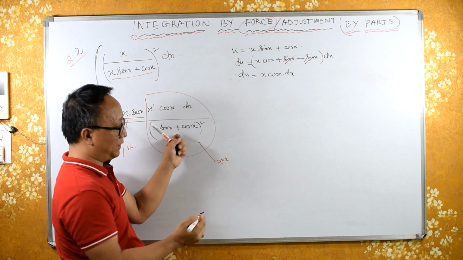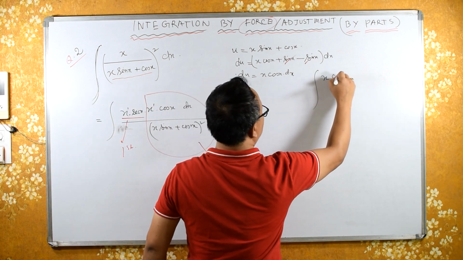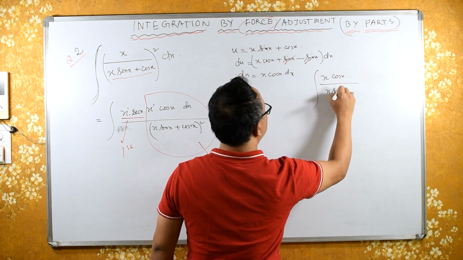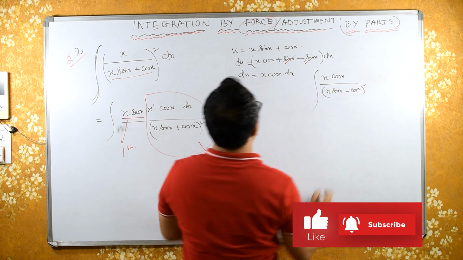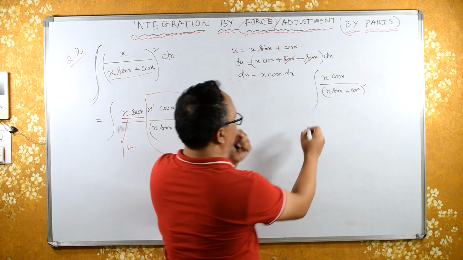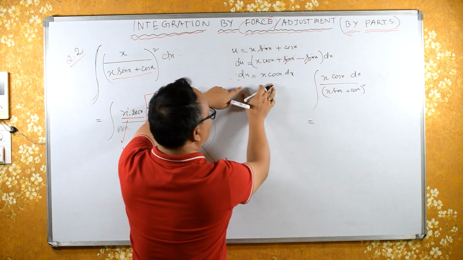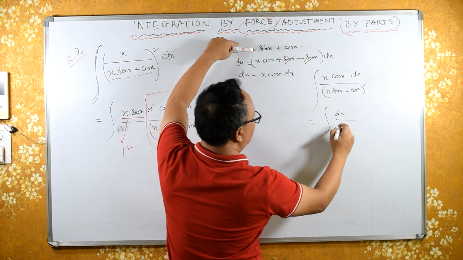What comes for this integration, okay? Integration of x cos x upon x sin x plus cos x whole square. Now if I substitute u, this becomes x cos x dx becomes my du upon u square, okay?